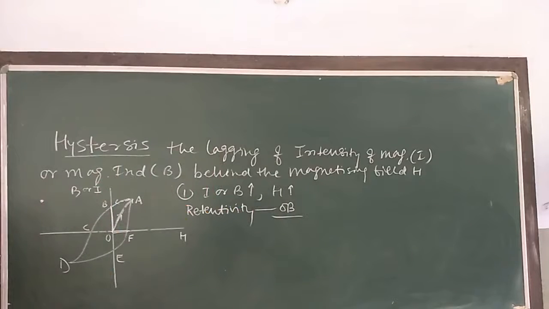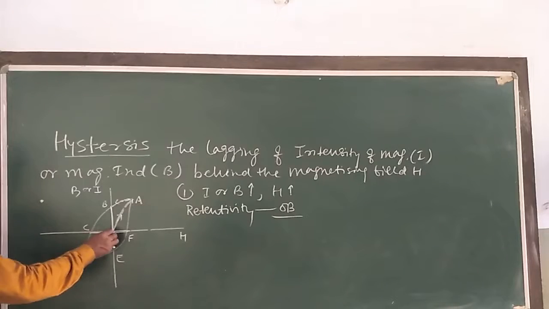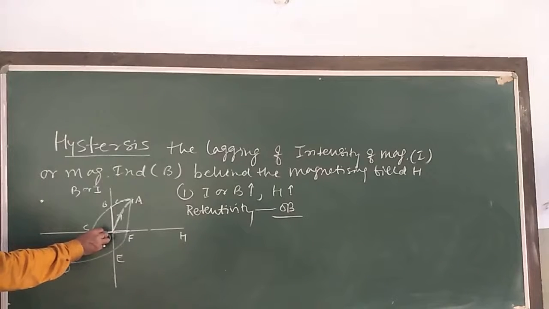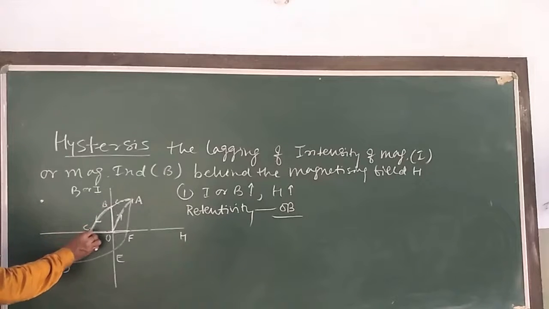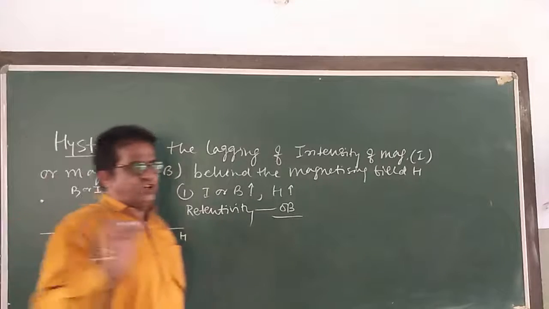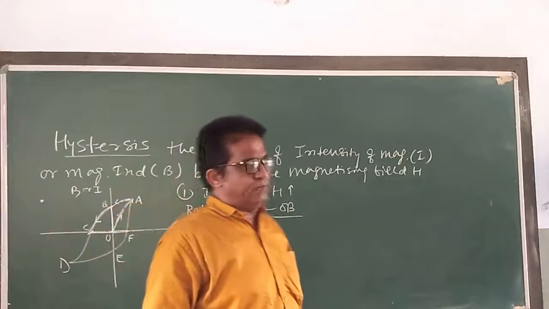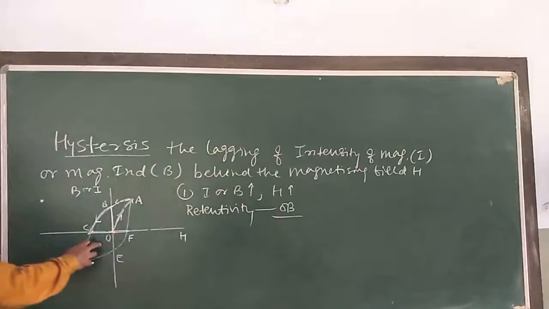Then H is increased in the reverse direction to make I and B 0. I and B decrease here, children, along BC and become 0 at the point C. When we increased H in the negative direction, it is 0 here.